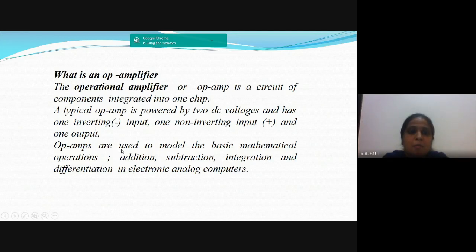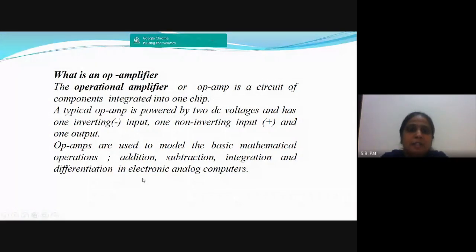Operational amplifiers are used to model basic mathematical operations. As the name suggests, they can perform operations such as addition, subtraction, integration, and differentiation in electronic analog computers.